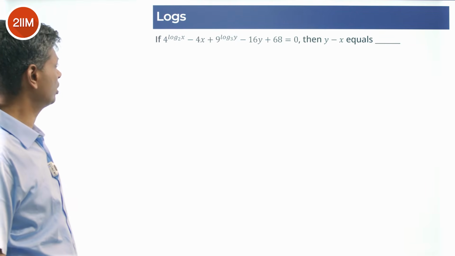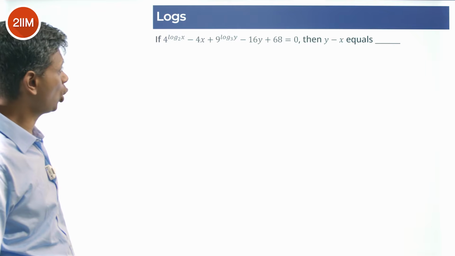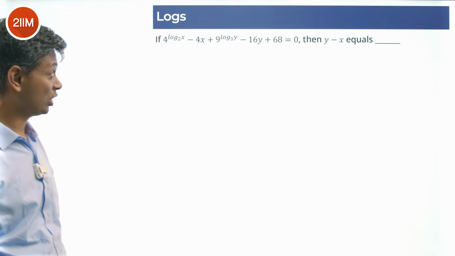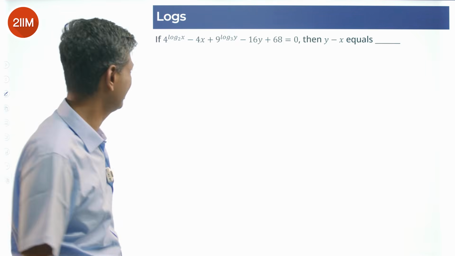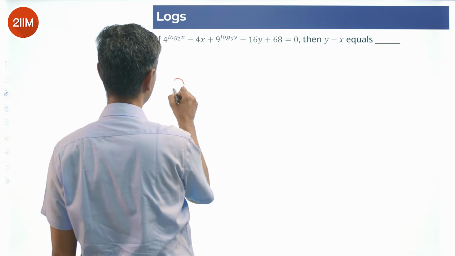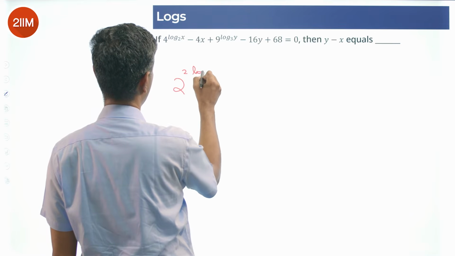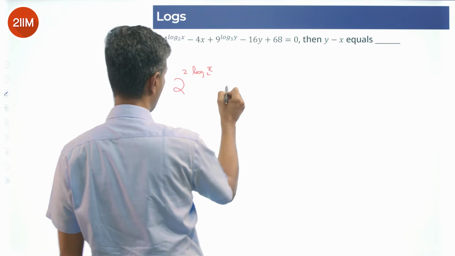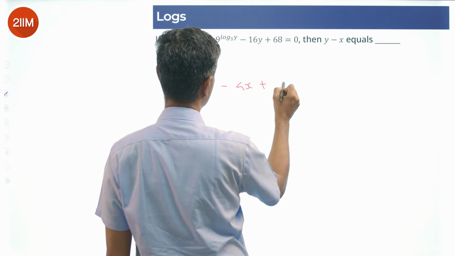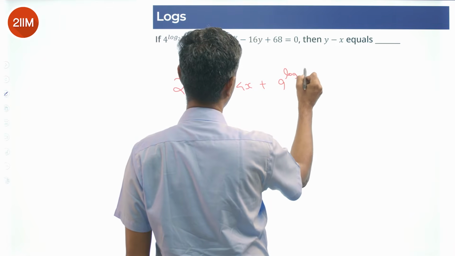4 to the power log x to the base 2 minus 4x plus 9 to the power log y to the base 3 minus 16y plus 68 is equal to 0. Very nice. 4 to the power log is 2 square to the power log x to the base 2 minus 4x plus 9 to the power log y to the base 3.